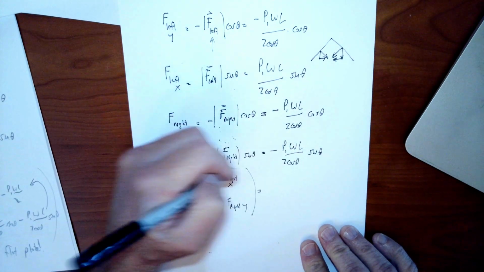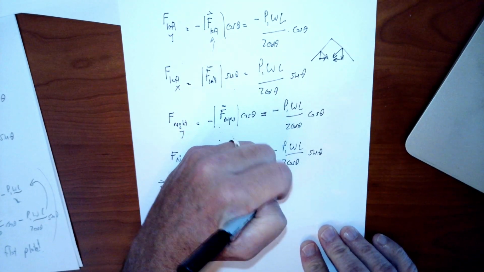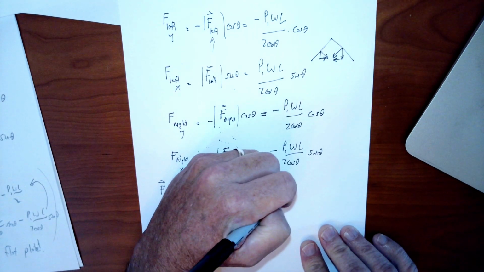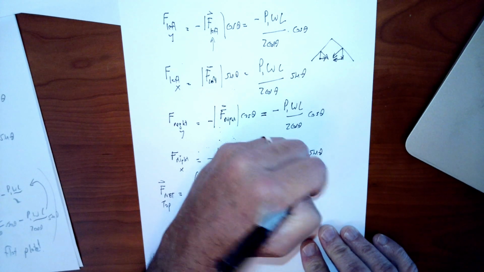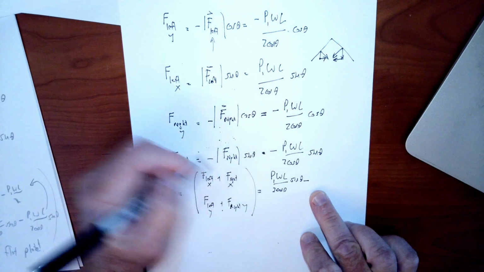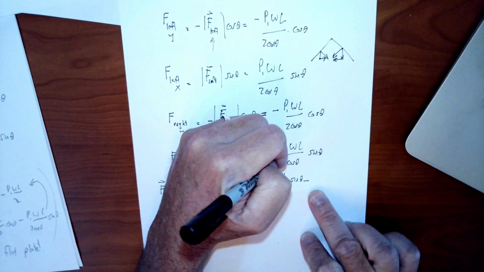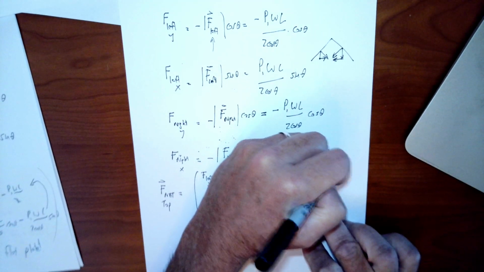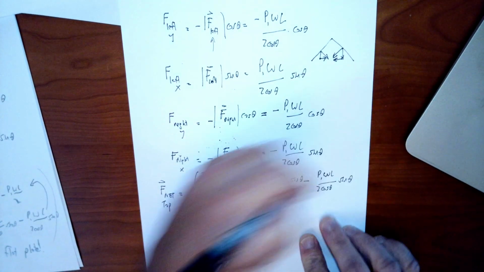I have F left x, P1 WL over 2 cosine theta sine theta, plus F right x, but F right x here has a negative sign, so negative P1 WL over 2 cosine theta sine theta.